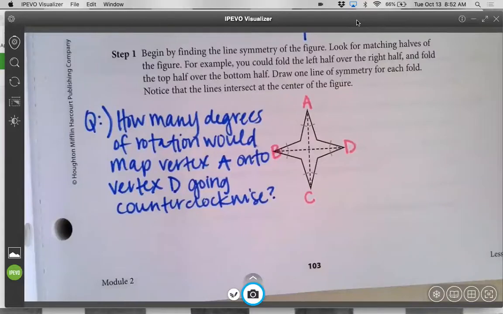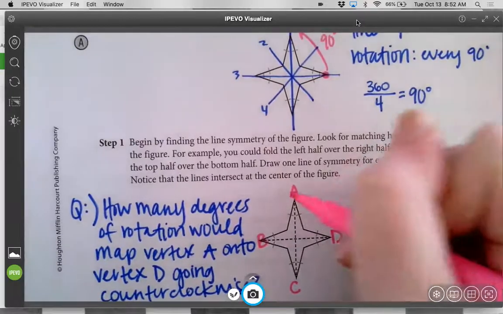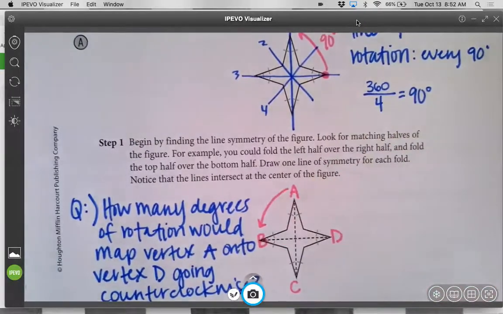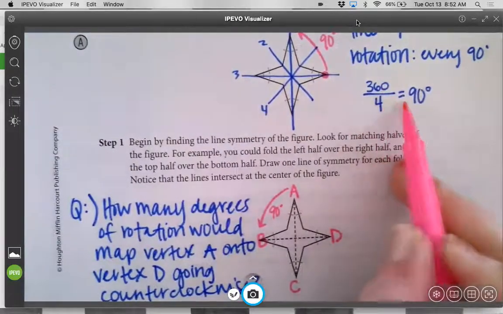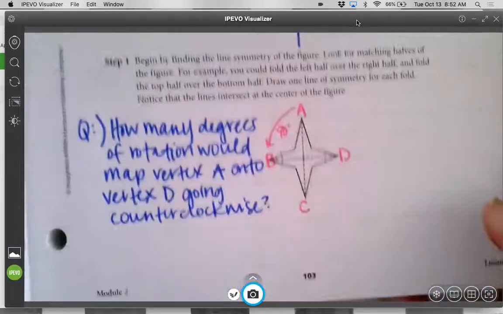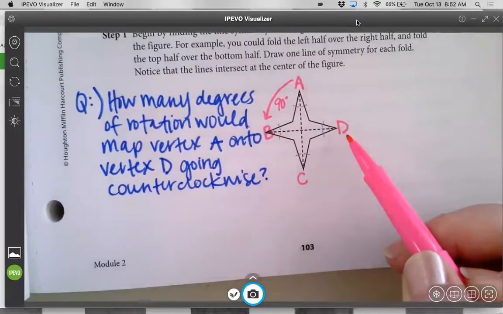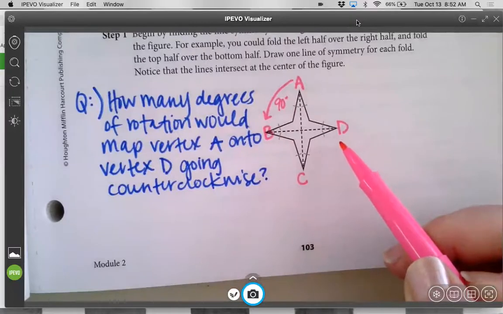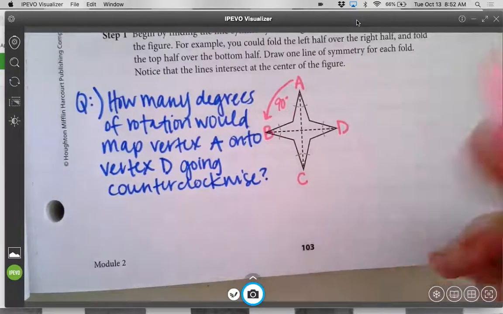So first question is, how many degrees would it take? Feel free to look at the question above. How many degrees would it take to map A onto B? 90. We just figured that out up here. We did 360 divided by 4 and we got 90. So then what would I do to figure out how many from A to D? Multiply. What are we going to multiply by?